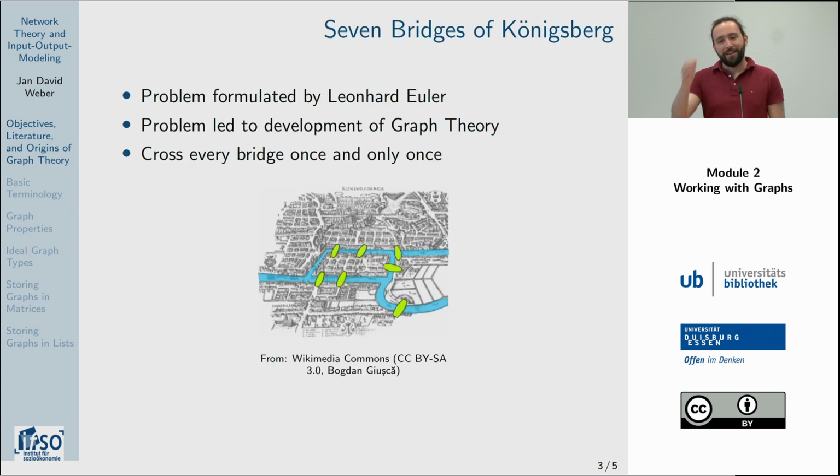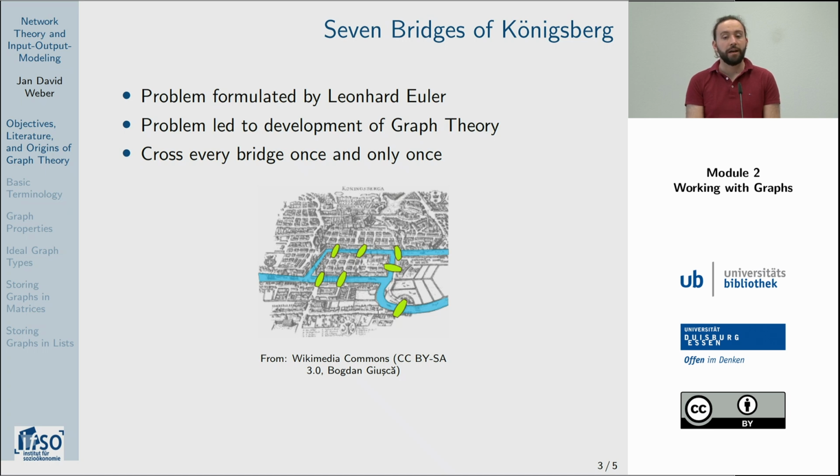The origin of graph theory goes back to Leonhard Euler. In the city of Königsberg, he said there are 7 bridges connecting those 4 land masses. And his idea was, can we find a mathematical way to prove or disprove that we can cross every bridge once and exactly once?